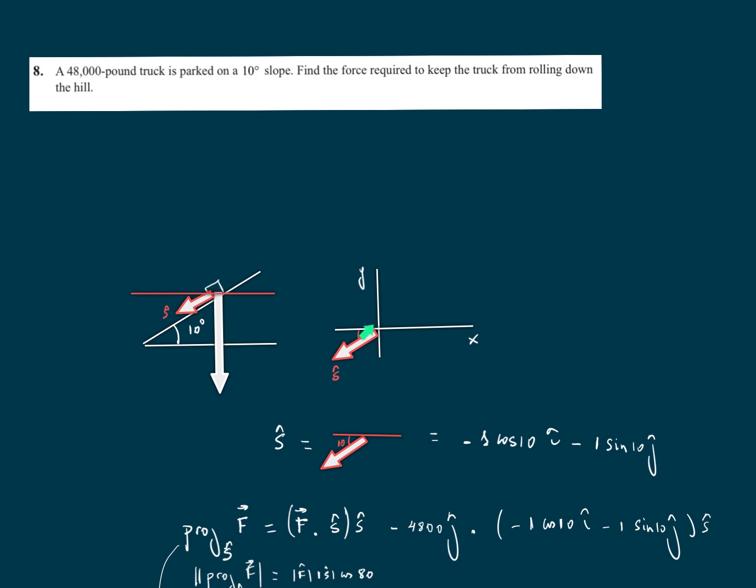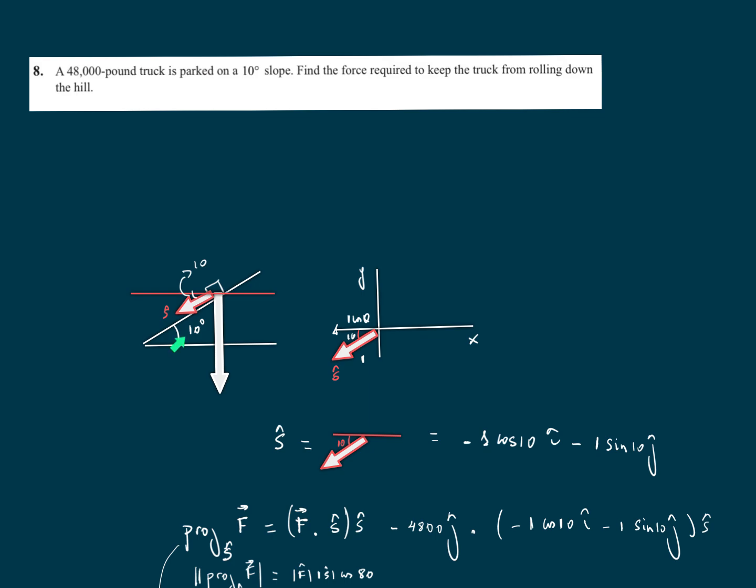One vector in the minus j direction, this vector, and the vector S have the magnitude 1. So this amount is 1 cosine of theta, and 1 cosine of 10, because this is 10, and because this is also 10 here.